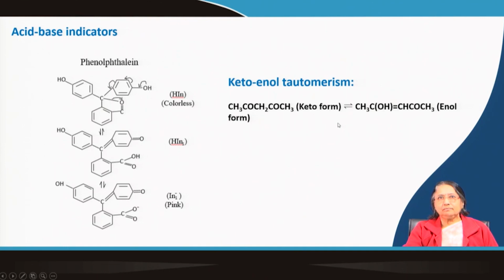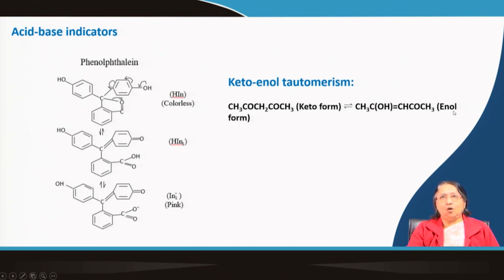Here you can see that C double bond O has become COH, and the double bond is formed here. Between this carbon and this carbon there is one double bond. That is why it is called enol.